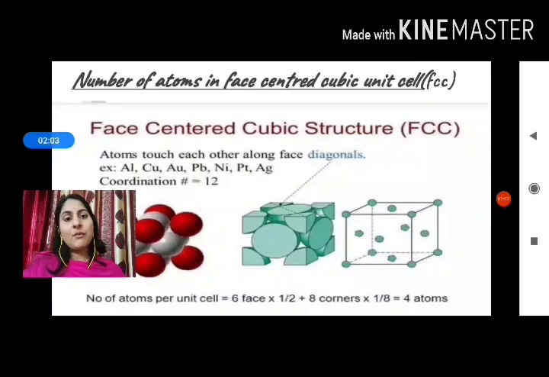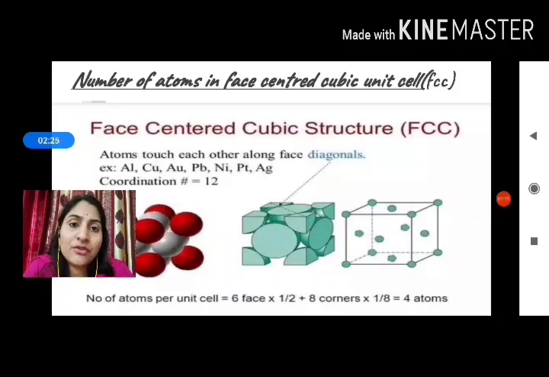So next is the number of the atoms in the face centered cubic unit cell, that is the FCC type of the unit cell. Just like BCC, here also we have the constituent particles present at each corner of the cube, as well as the constituent particle present on each face of the cube.